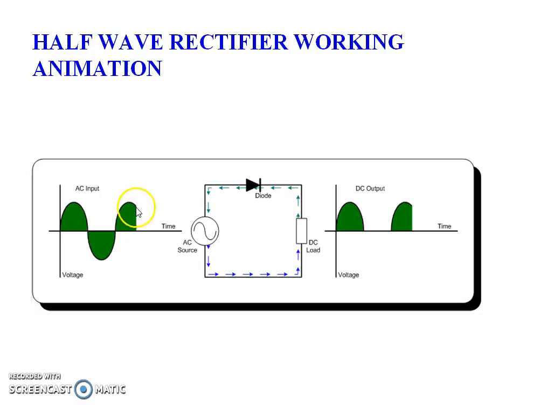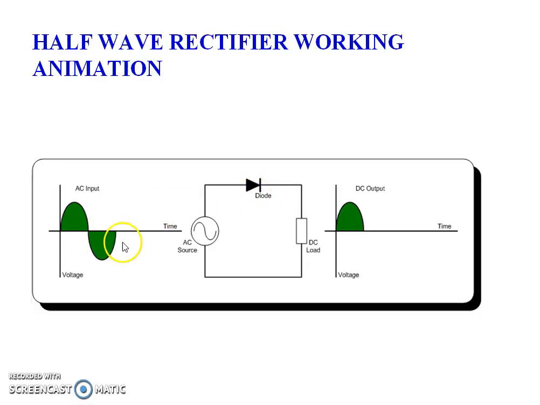See here, there is a positive half cycle, and this time there is a current flow. But when there is a negative half cycle, there is no current flow. You can once more view this. In the positive half cycle, there is a current flow taking place, but in the negative half cycle, there is no current flow because the diode now is in reverse bias condition.